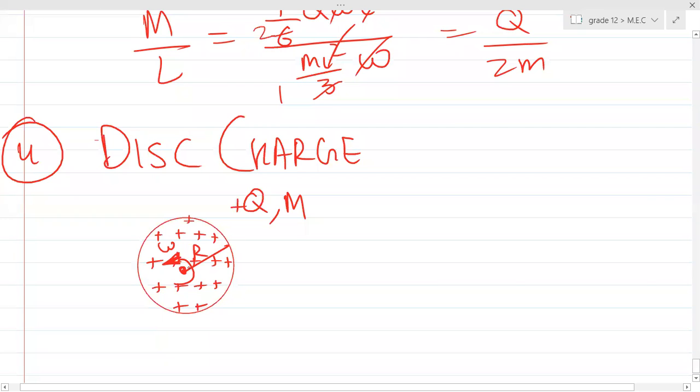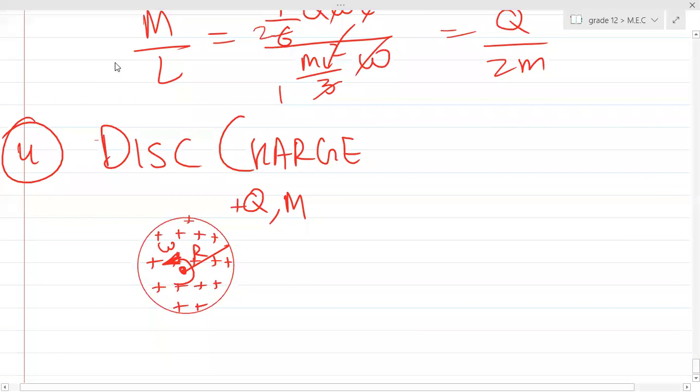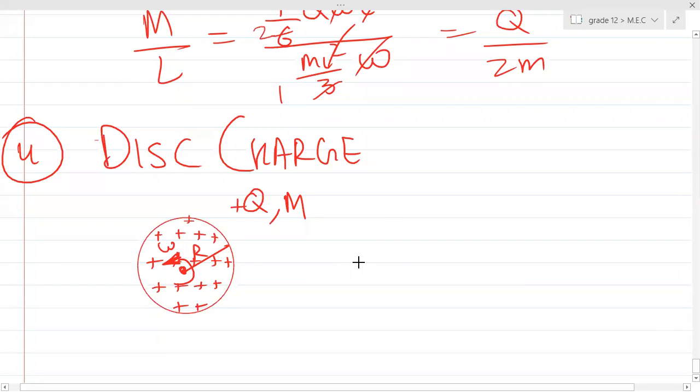So now you need to prove again that m by l is basically q by 2. How will you do it, guys? What is the small element for a disk? Like a ring. Maybe a ring.